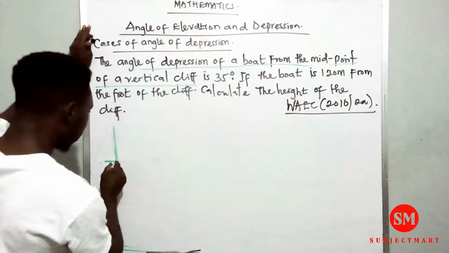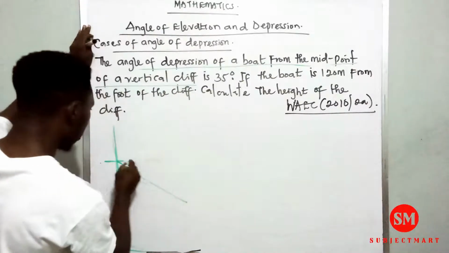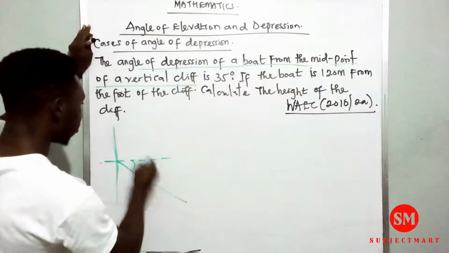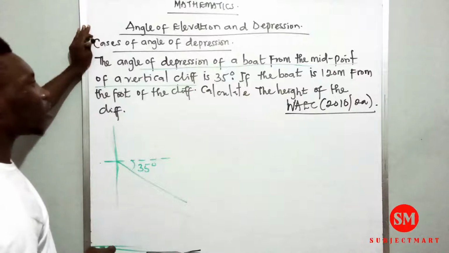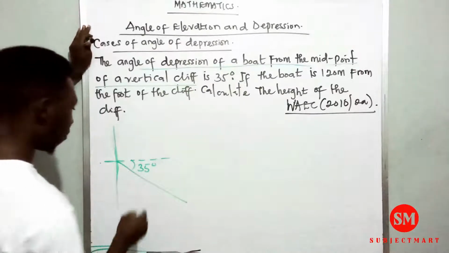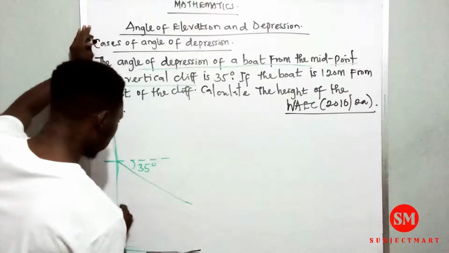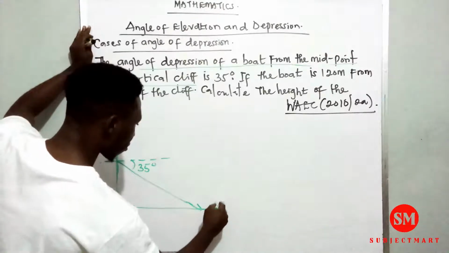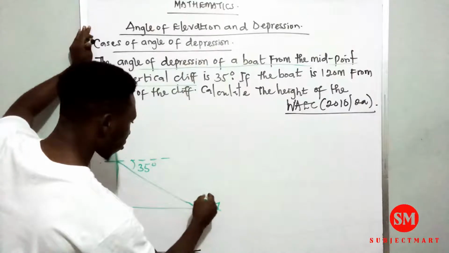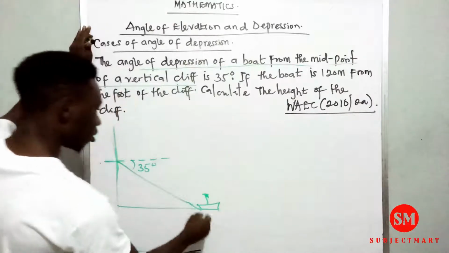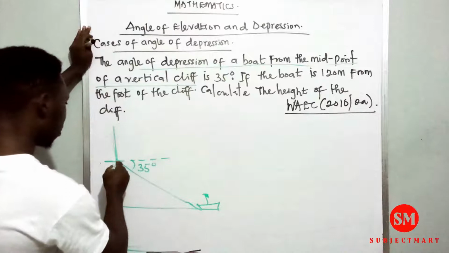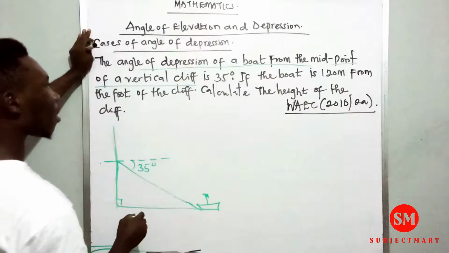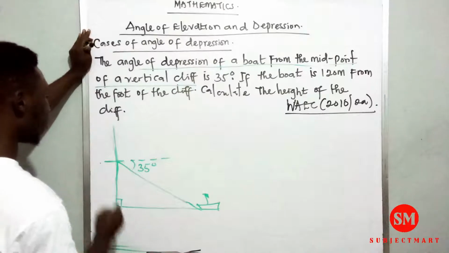Now this is the cliff. If this is the cliff, they said the midpoint, that is the middle, right? The angle of depression from the midpoint of a vertical cliff is 35 degrees. If the boat is 120 meters away, let's say this is the boat here, and this is the cliff. Now calculate the height of the cliff.